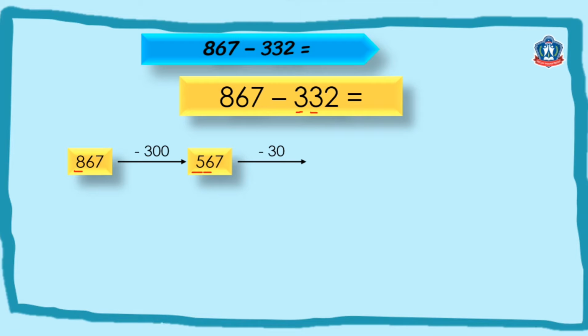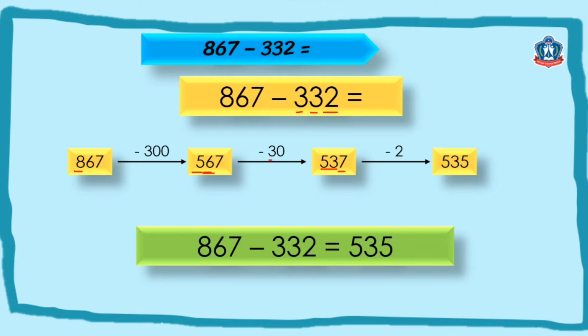So 567 minus 30, so 60 minus 30 is 30. So we have 537. After that, the ones. So we will subtract 2 from 7. 7 minus 2 is 5. So the answer then is 535. So 867 minus 332 is equal to 535.